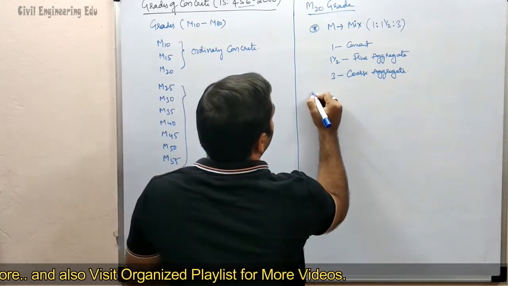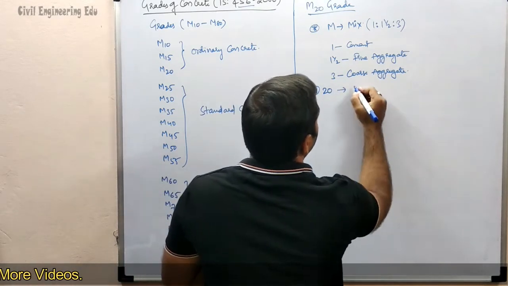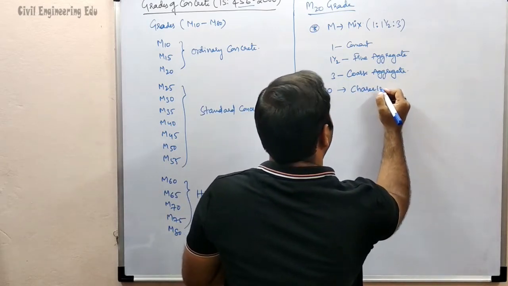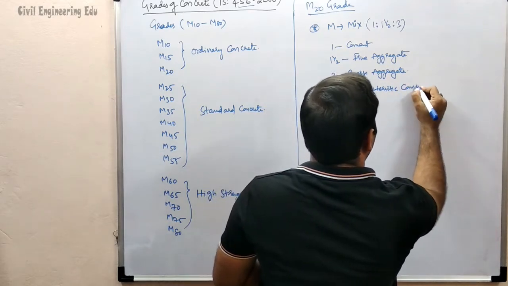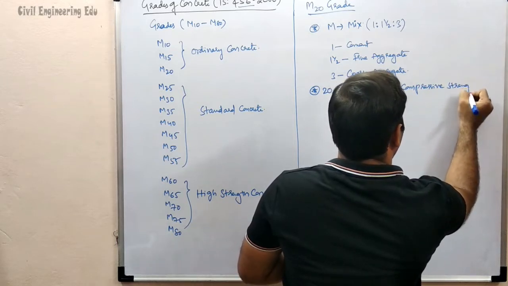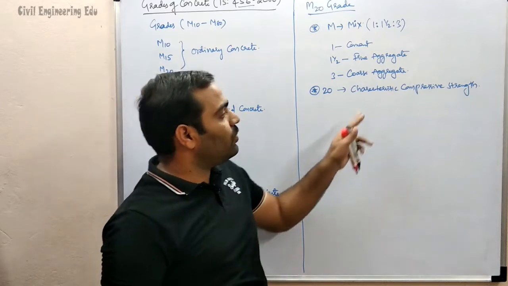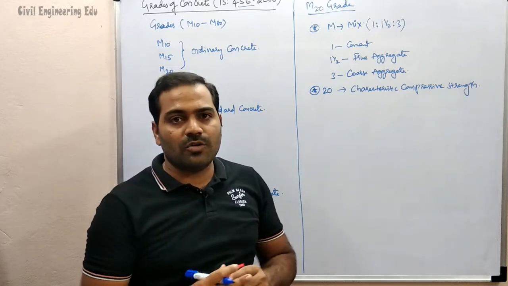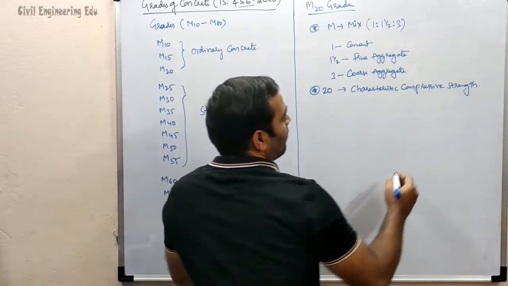Now coming to 20. What is 20 here? It is characteristic compressive strength. So this is characteristic compressive strength. How we will know the characteristic compressive strength? So this can be known by testing a cube of 15 centimeters under compression testing machine in laboratory.